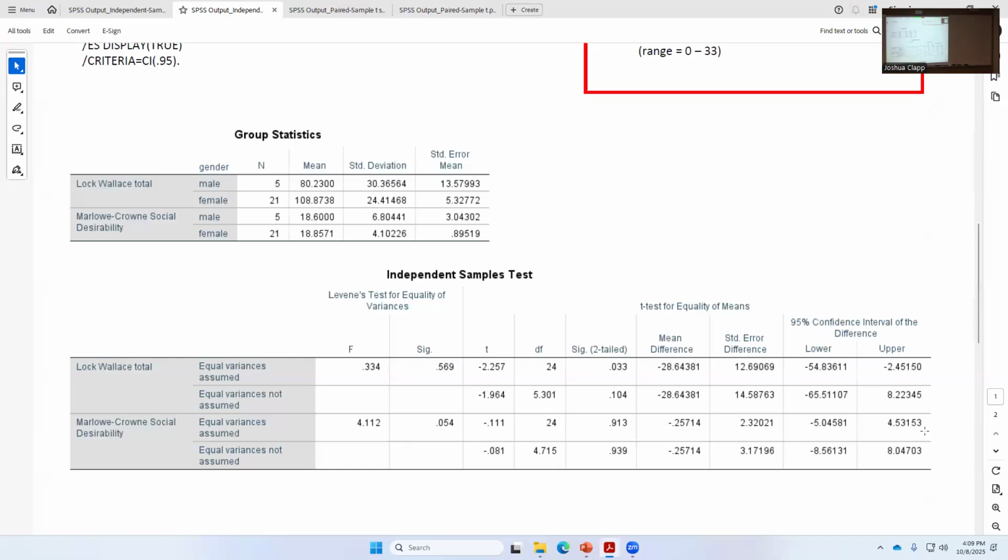Another thing: if I found this was really small, p less than 0.001 or something like that, but I've got 300 people in one group and 300 in the other, am I freaking out because I have a horrible violation of assumptions? Probably not. I would go back up and look at my variances, and they're actually similar. I'd probably still interpret equal variances not assumed, but my assumption is that a sample of that size is not going to make a difference.